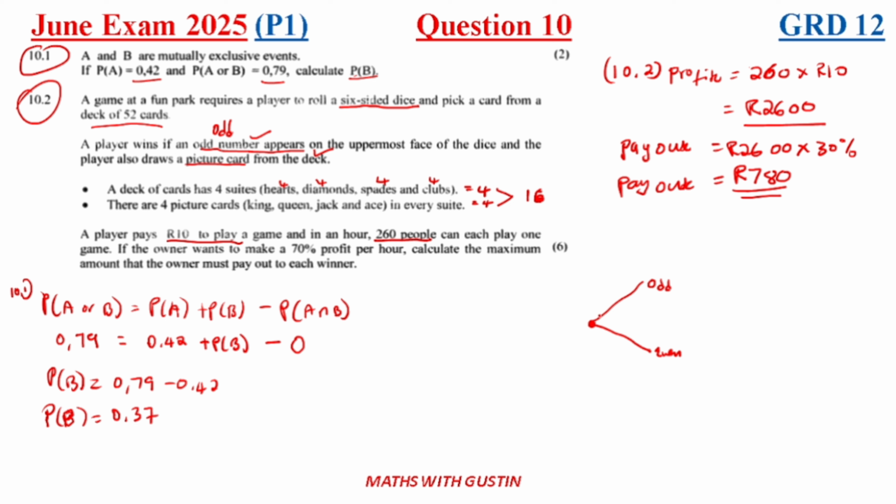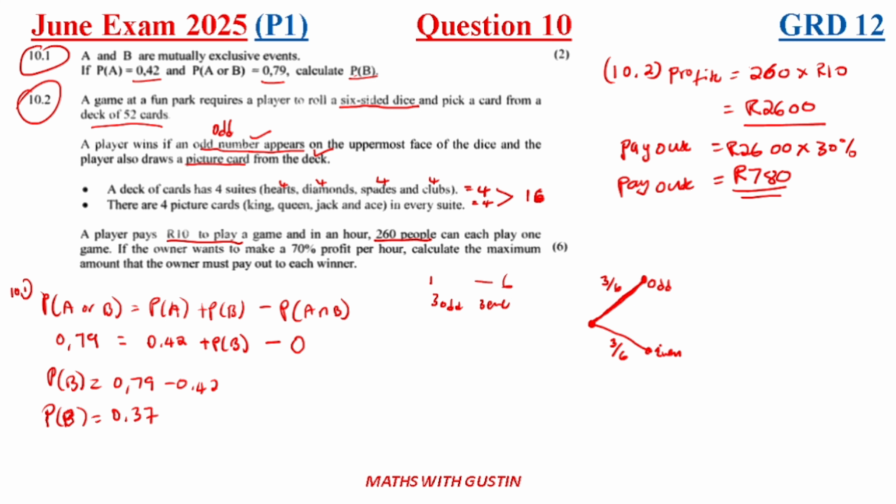How many odd numbers are there in a die? There's 3, so it's going to be 3/6, which is our probability. You've got 3 odd numbers and 3 even numbers, because your numbers are just 1 up until 6. So in between here, you've got 3 odd and 3 even, which is what is happening here.